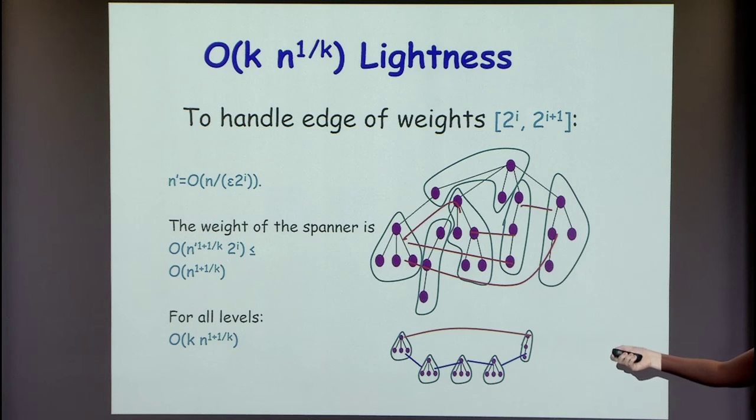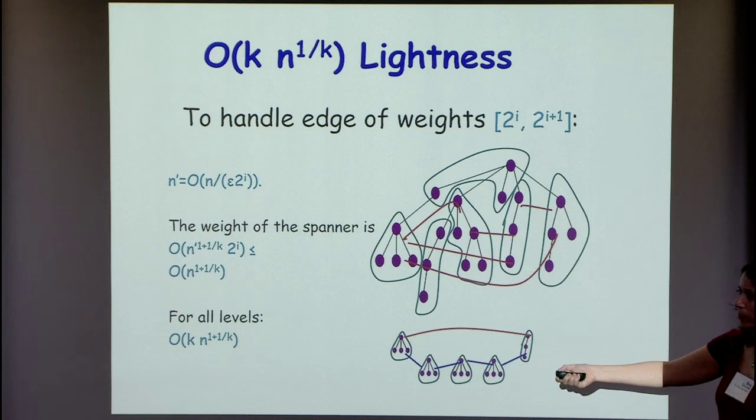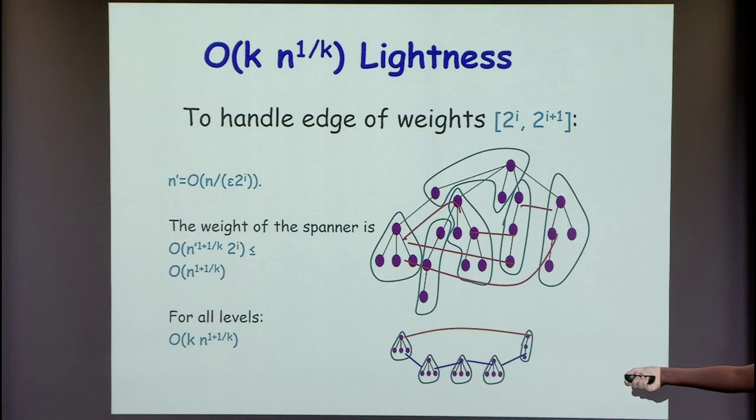Each edge here is of weight 2^i, so I need to multiply by 2^i, and these two terms cancel one another. And we get that the weight of the greedy spanner for this level is n^(1+1/k). And we have k levels, so for all levels we get this weight. So the lightness is k times n^(1/k), because the MST weight is n.